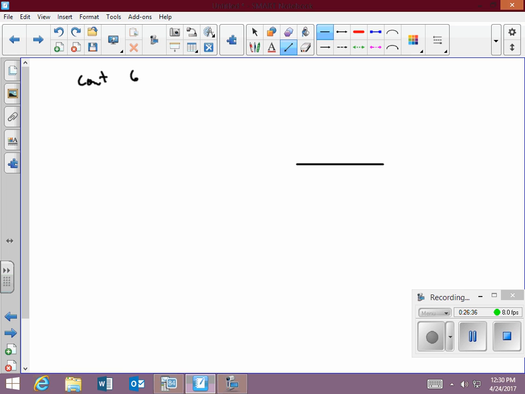So we have endpoints. That's the line segment. So we want to show that the line is a perpendicular bisector.